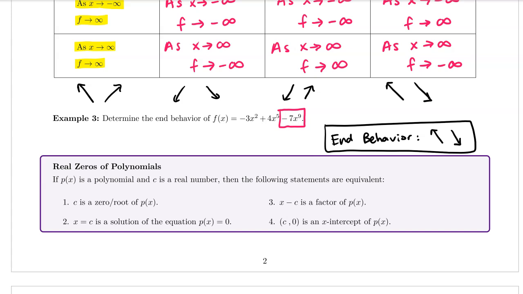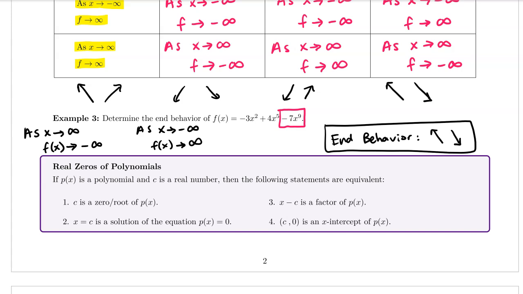And again, if you don't use the arrow notation, then we would say as x approaches infinity, f of x approaches negative infinity, and as x approaches negative infinity, f of x approaches positive infinity. So there's our answer.